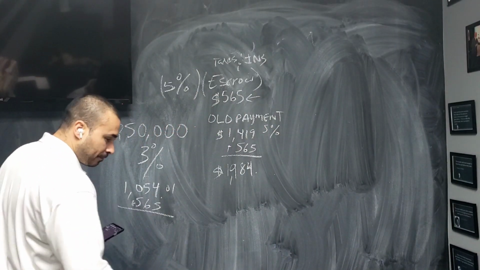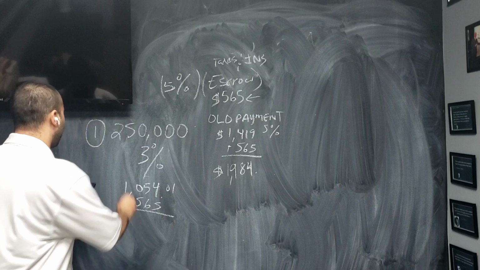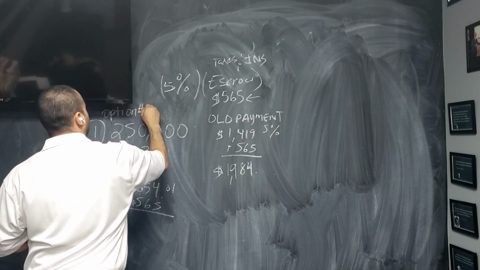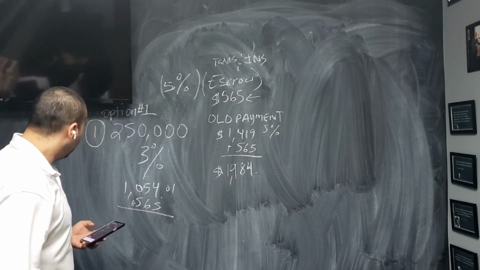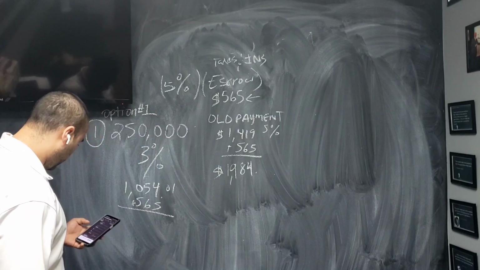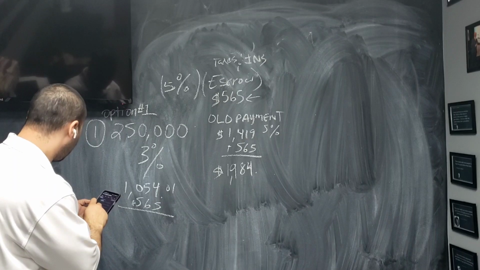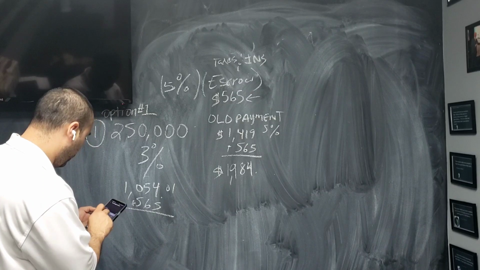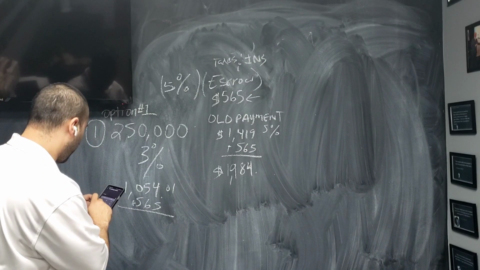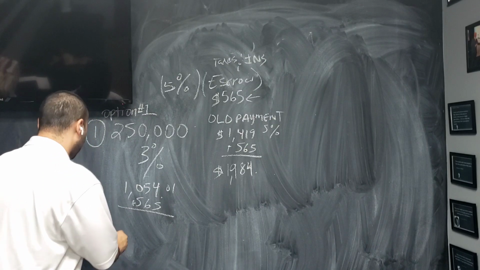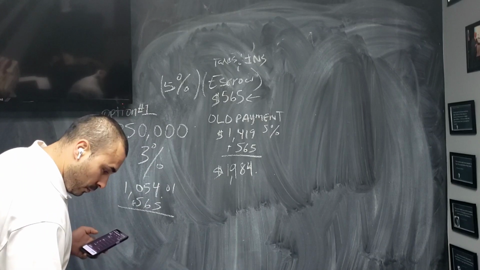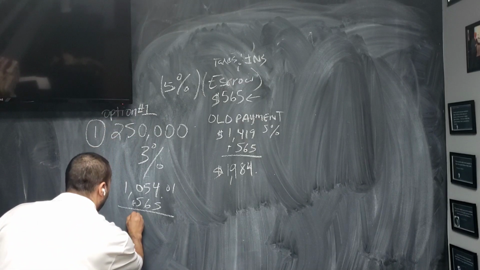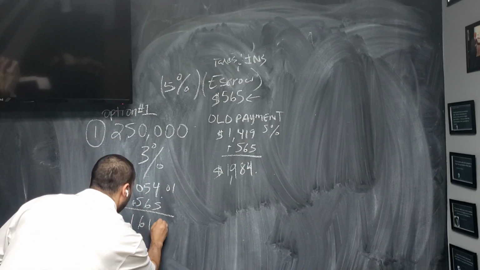And you modified it. This is option number one. You got the 3%. $1,619.